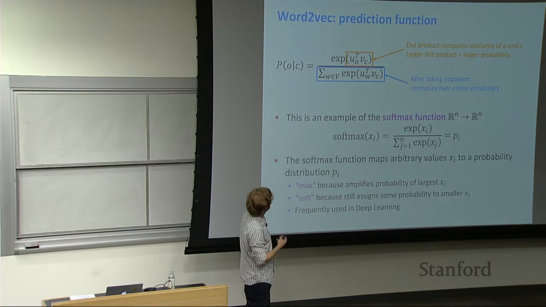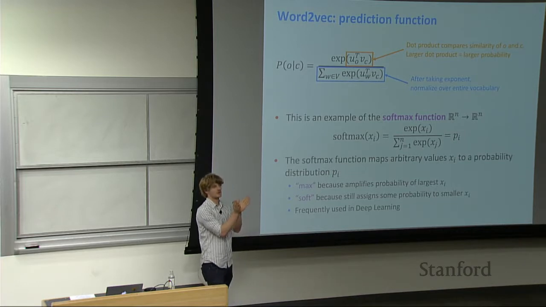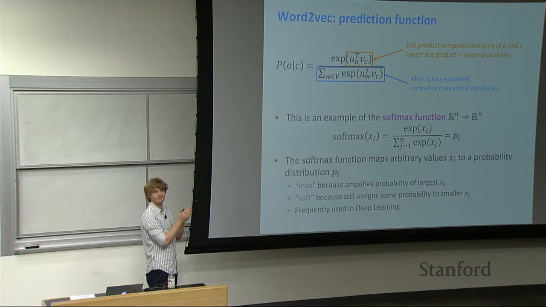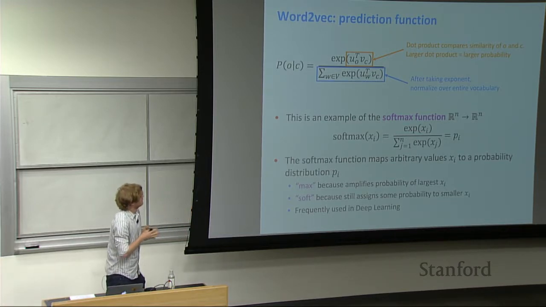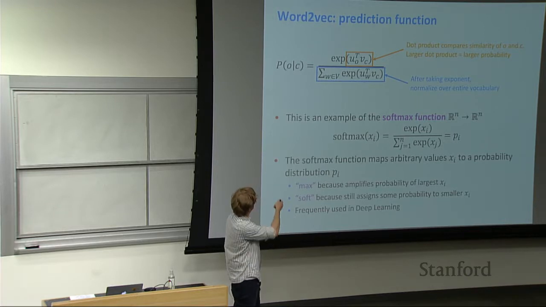Intuitively, the dot or inner product compares similarity. So the higher the dot product of two vectors, the more similar those two words are. And the more similar they are, the higher that overall probability will be. After we take all the exponents here, we normalize over the entire vocabulary.